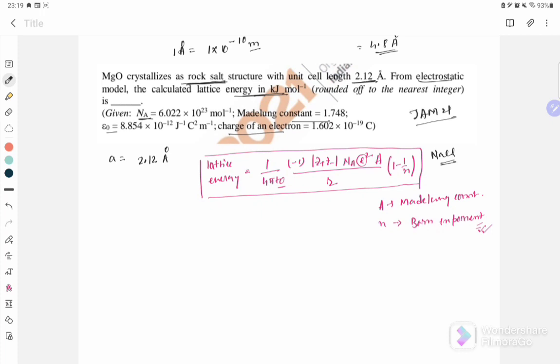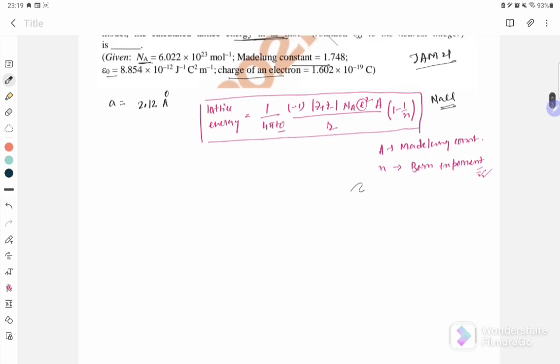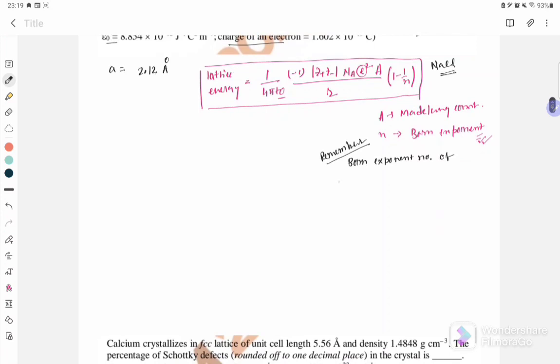So there are some numbers we have to remember. The Born exponent number, remember this one, it is important for the inert gases He, Ne, argon, krypton and xenon.